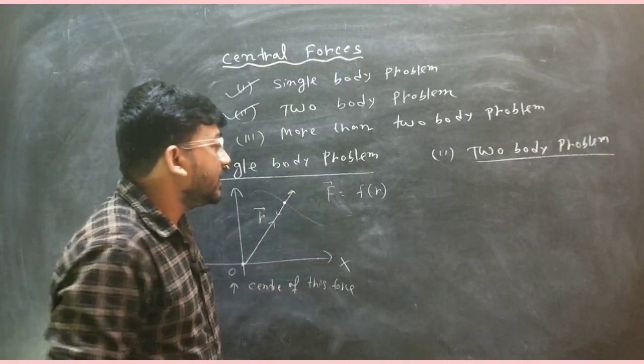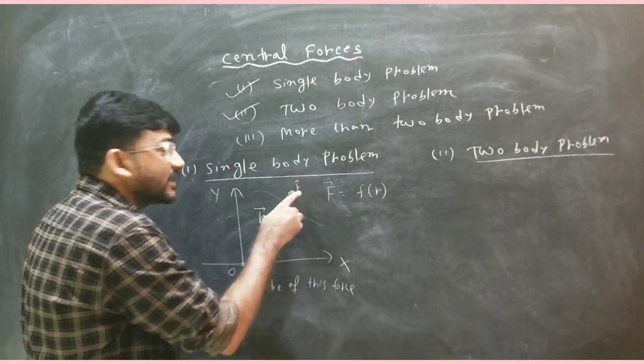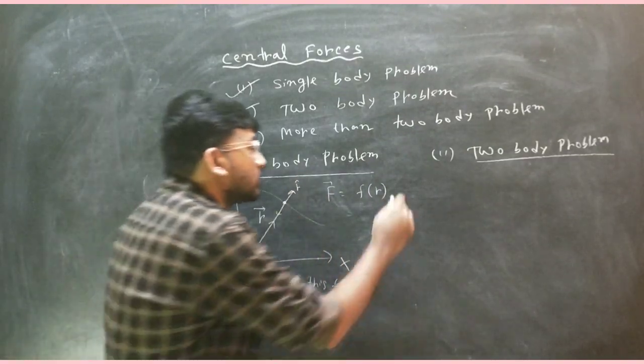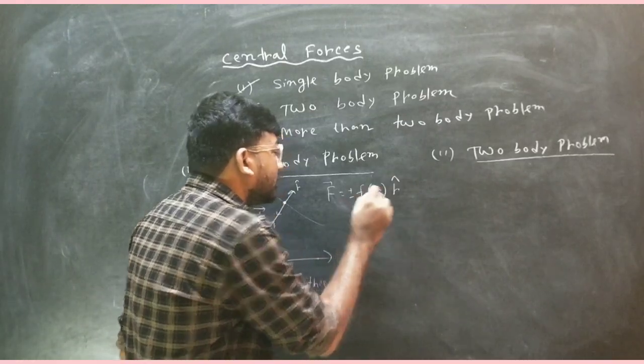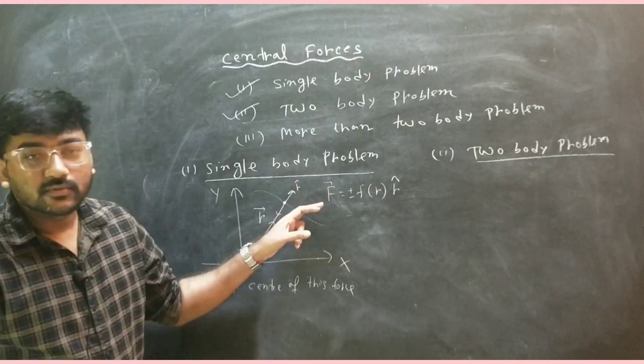We can represent it as f of r in the direction either increasing r or decreasing r, so we can write it as f of r, r cap, with plus or minus sign. This is the mathematical form of central force.